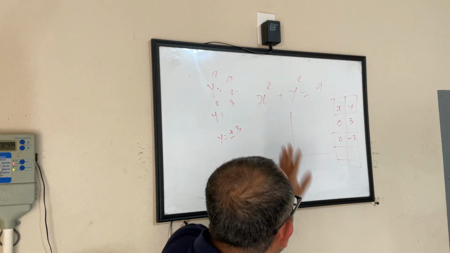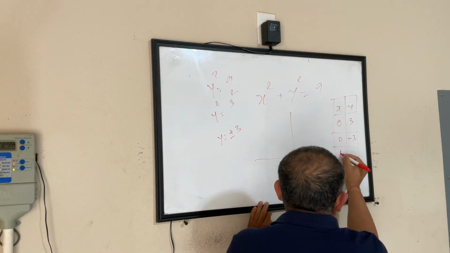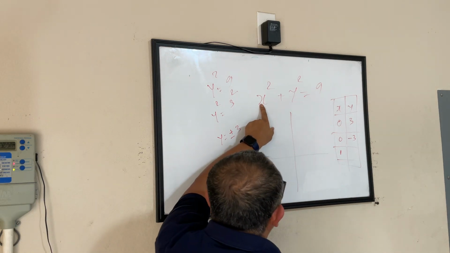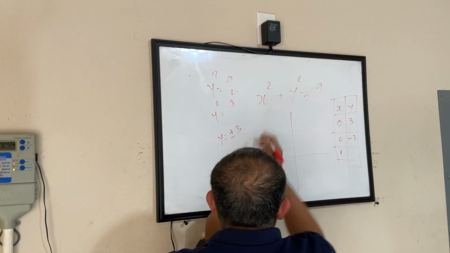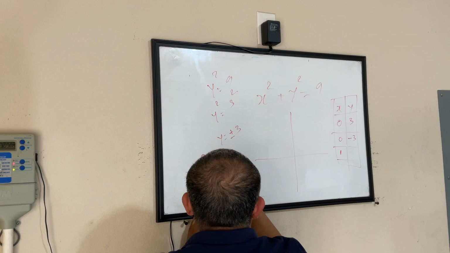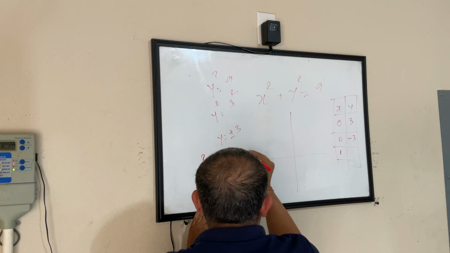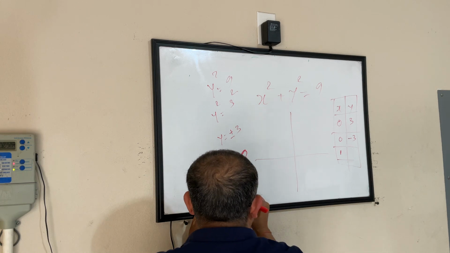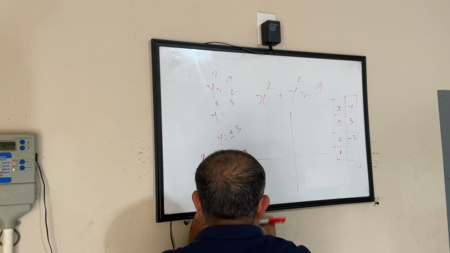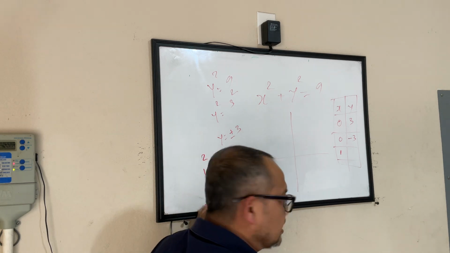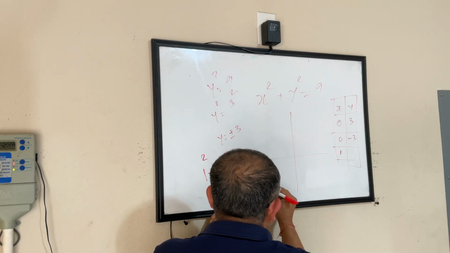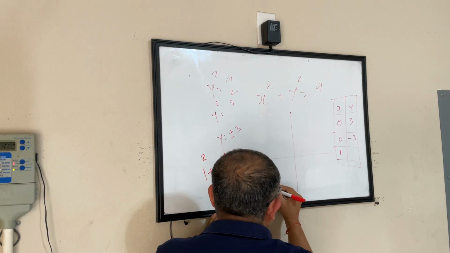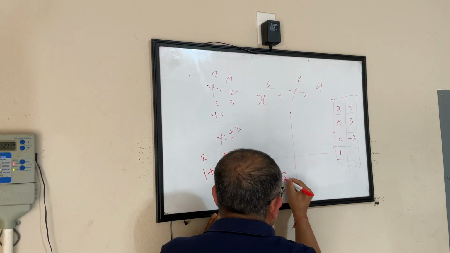Or let's say if I put x equal to 1, what happens? 1 square plus y square gives me 9. So y square equal to 9 minus 1, y square equal to 8. 8 is unfortunately not a square of something, so my value of y will be plus or minus 2 root 2.